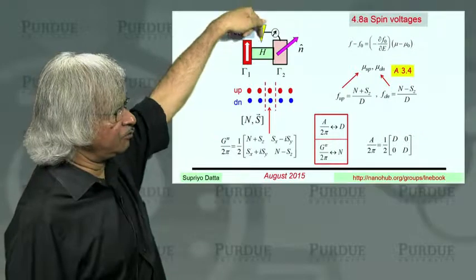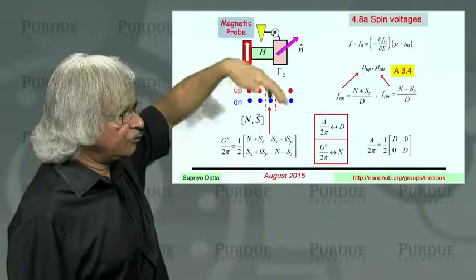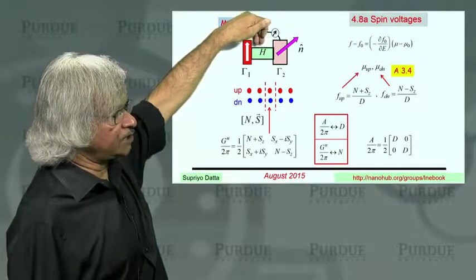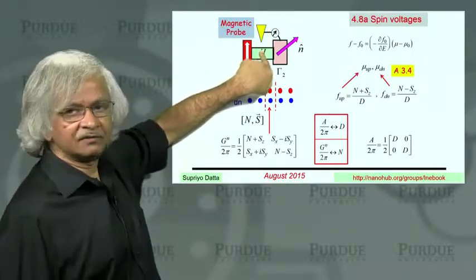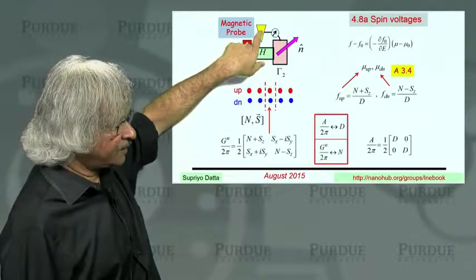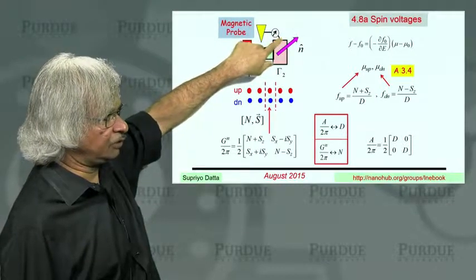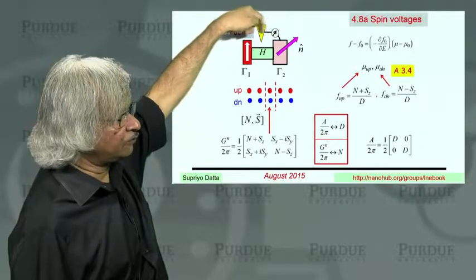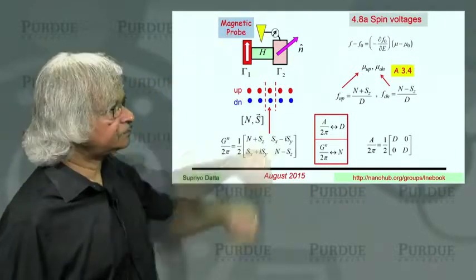When you come in with a weakly coupled probe, it floats to whatever electrochemical potential it sees right below it, because usually these are high impedance circuits, so no current can flow. So no current flows means these two have to be at the same potential.